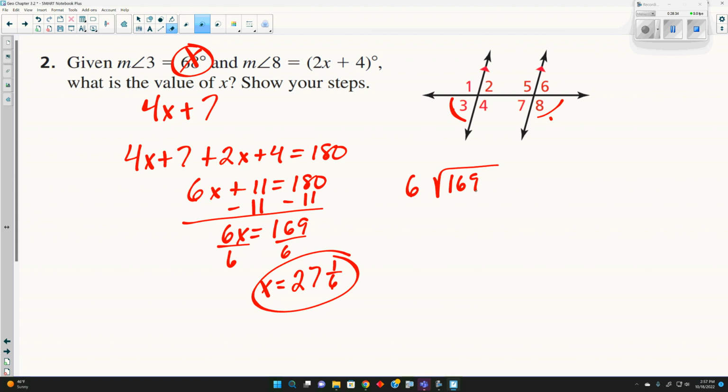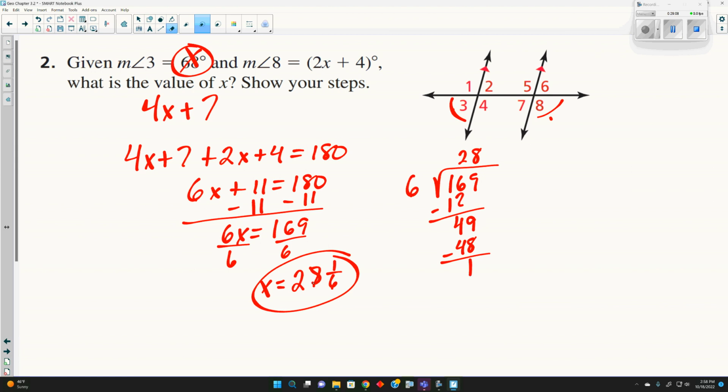I just picked that. 6 and 6 is 36, 42, trying to get you to do it. 169 divided by 6 is 28 and a 6.